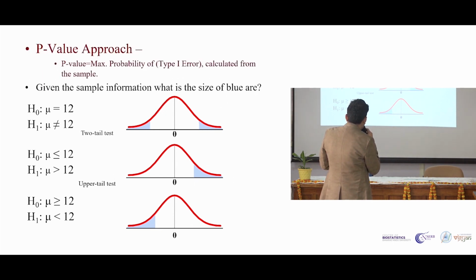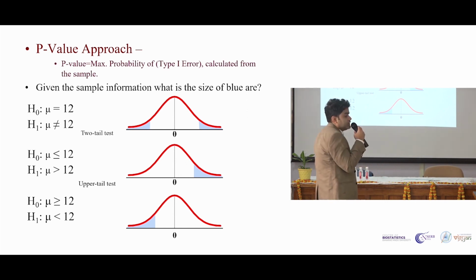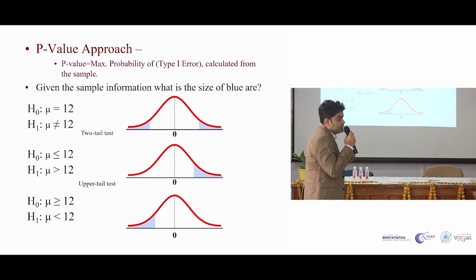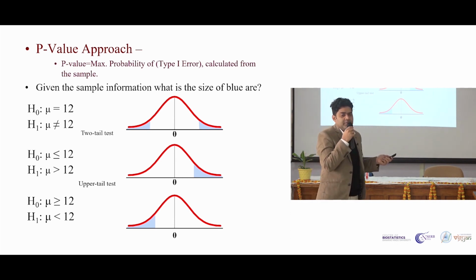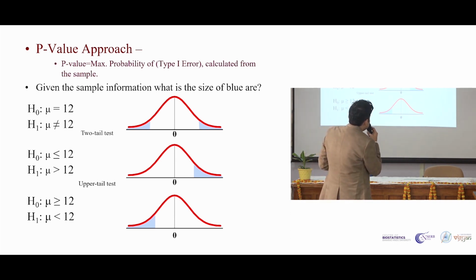Okay, and in p-value we are not using the critical value approach. Okay, we are using the maximum probability of type 1 error. This is what we said, the upper tolerance limit of type 1 error. We have fixed the upper tolerance limit 5%. Any value you are getting lower than that, you are making an inference that the null hypothesis will be rejected.